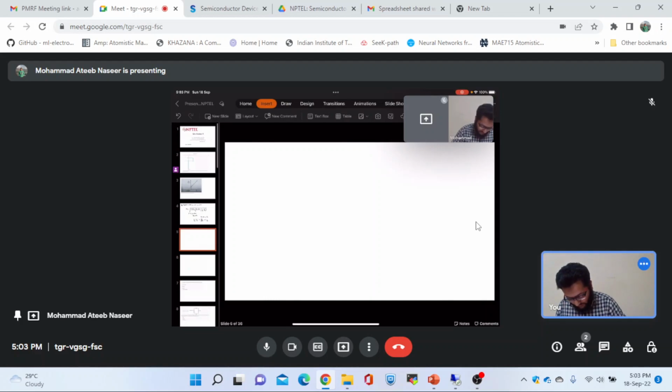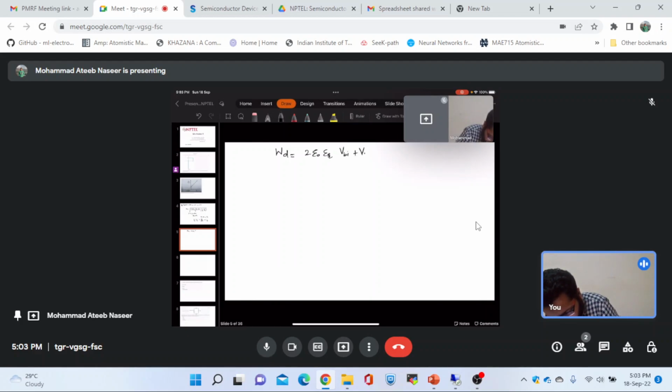So let us put that in the depletion width expression. We are left with the square root of 2 times epsilon naught epsilon R times VBI plus VR divided by q Nd. Now this junction capacitance Cj is simply epsilon naught epsilon R, that is epsilon S, divided by the depletion width.